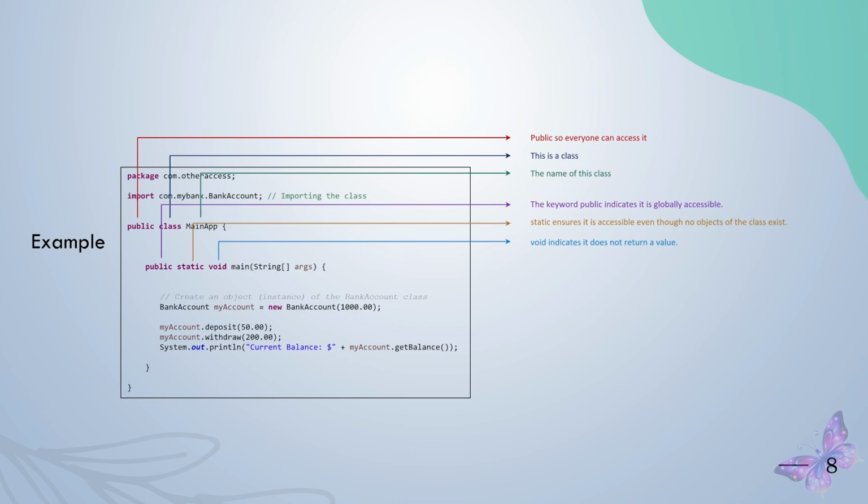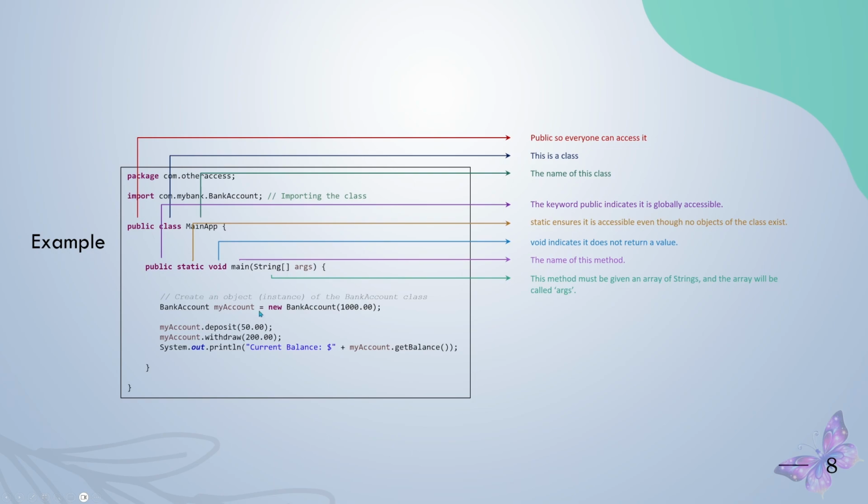Void means it does not have any return type. Main is the name of the method. Now these String args: this method must be given an array of strings. So this is the array sign, and the array will be called args. So this is the name of the array.